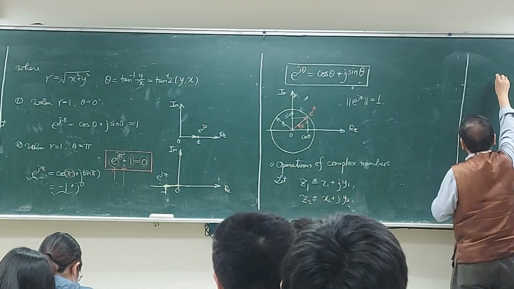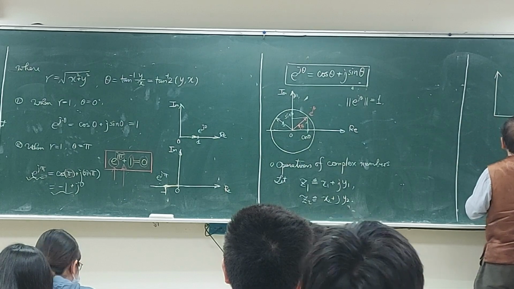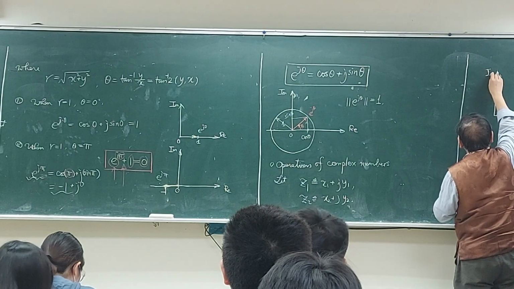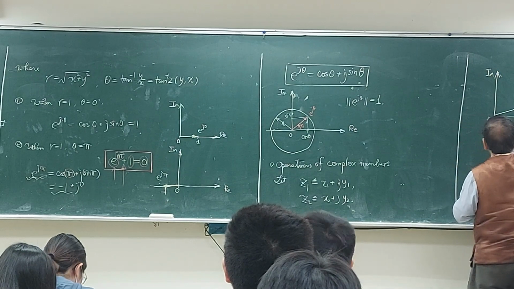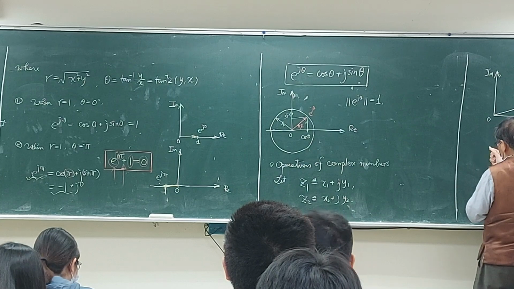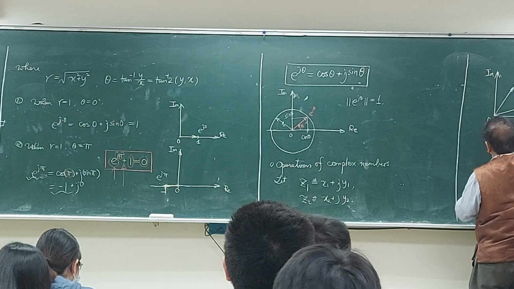So the complex pair, z1 here, and another complex number, z2 here.